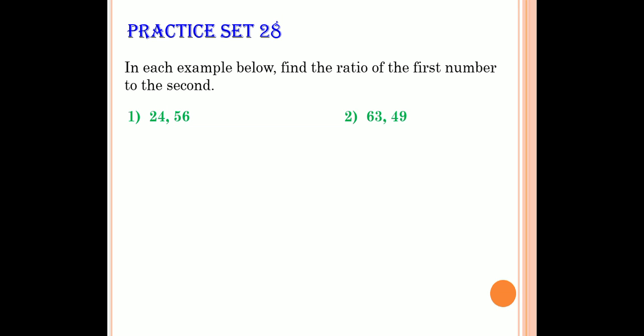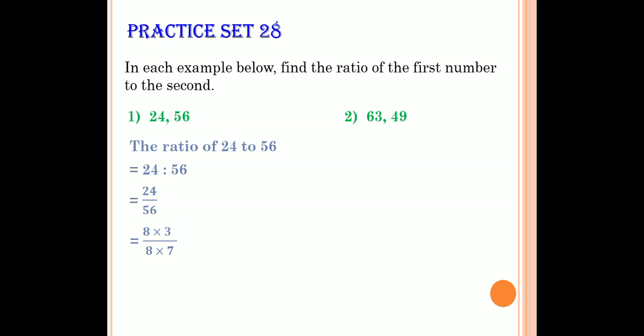Okay, so when they say first number to the second, whichever number is first, that will come in the numerator. So that means the ratio of 24 to 56 is equal to 24 is to 56. That is equal to 24 upon 56. Then you simplify it by dividing it.